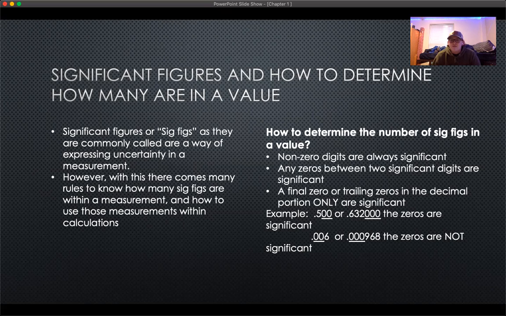So you have 0.500, the zeros are significant. But in the second example, 0.006 or 0.000968, the zeros are not significant. That is because they are preceding the significant digits.